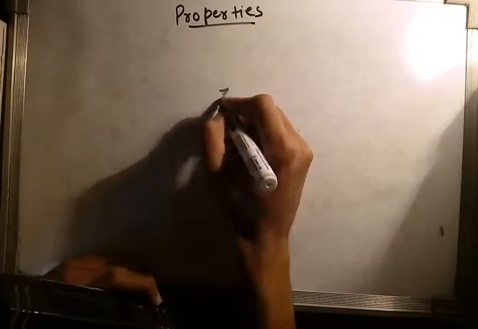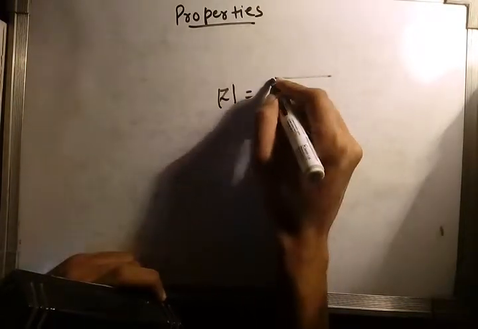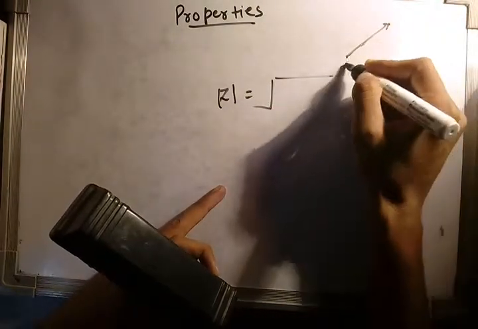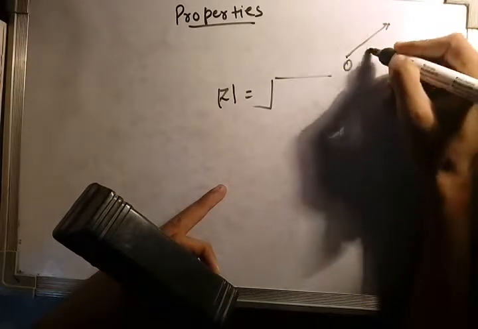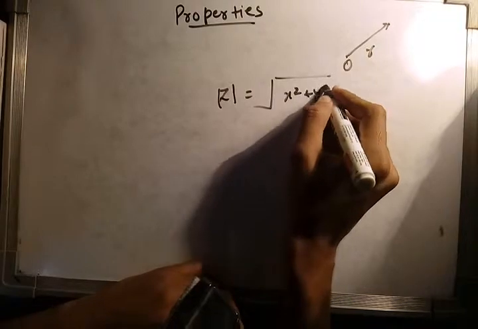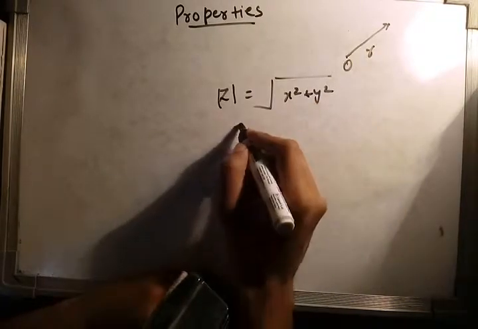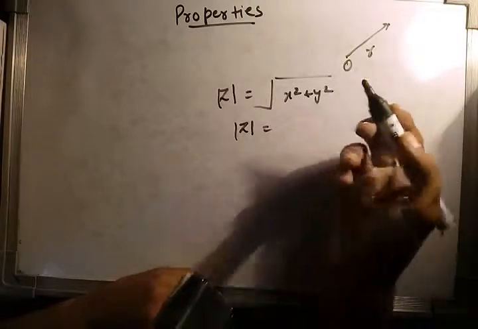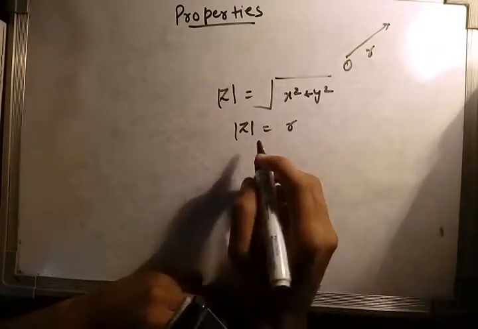So the modulus of z is nothing but the distance of that point from the origin. This is the origin and r is the modulus, so it is the square root of x squared plus y squared. So the modulus of z in polar form is nothing but r.